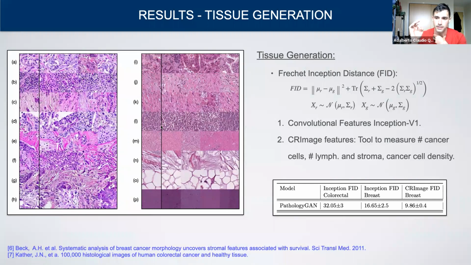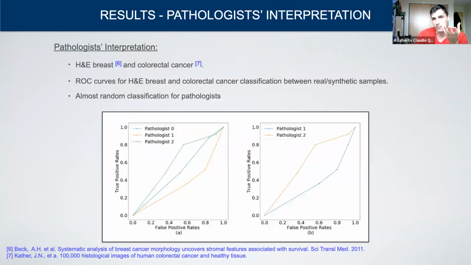Images with a lot of lymphocytes tend to be dense tissue tiles with these black dots, so those tend to be closer to the real samples. And the performance you can see here is close to random classification.